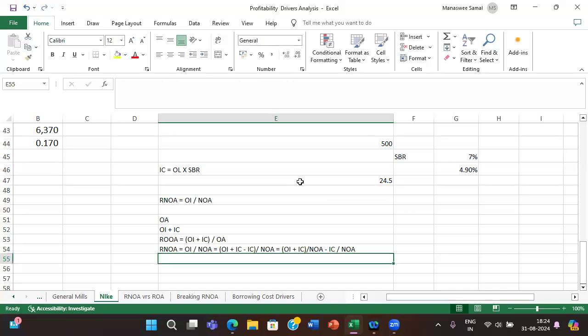And then we'll use this place to proceed. So just ask a simple question. Operating income plus implicit cost. I think this numerator is having better nexus with OA, not NOA, because IC is the implicit cost of OL, means you are not using OL. Therefore, why the denominator should be NOA? It should be OA, right?